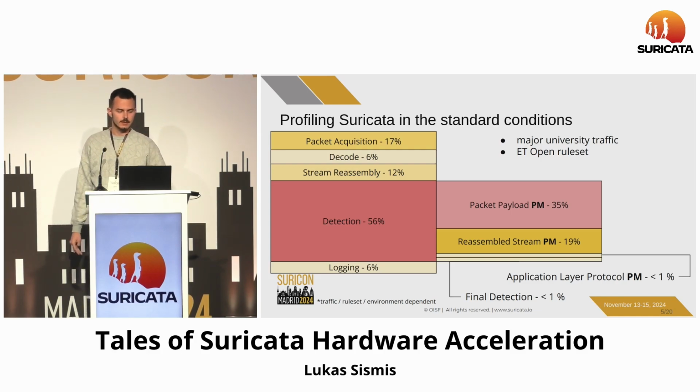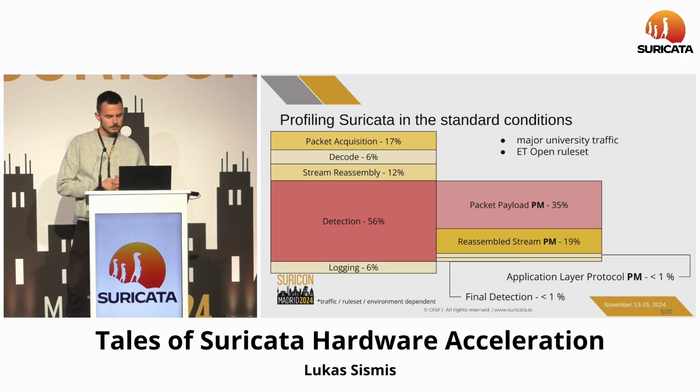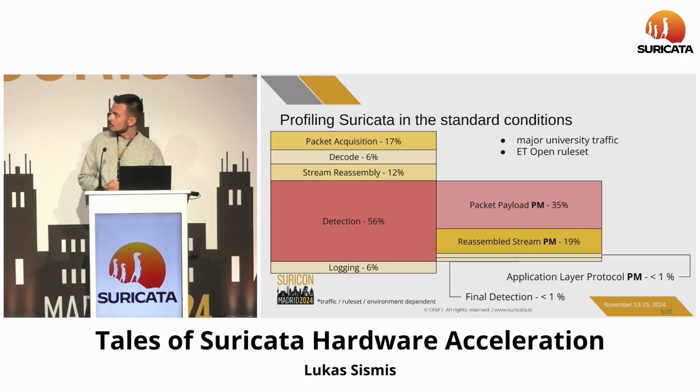We can see the packet acquisition is still taking quite a bit of time, around 17%. The decode and stream reassembly takes around 18%. But again, the detection, the juiciest part, is taking the majority of the time, 56%.